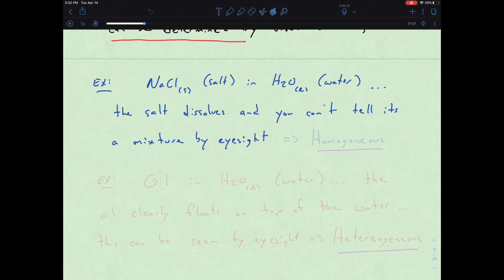Obviously, you could taste it and taste it's salty. Not that you should be tasting your chemicals, but that's the idea. You can't see it visually. And so that's our homogeneous solution.